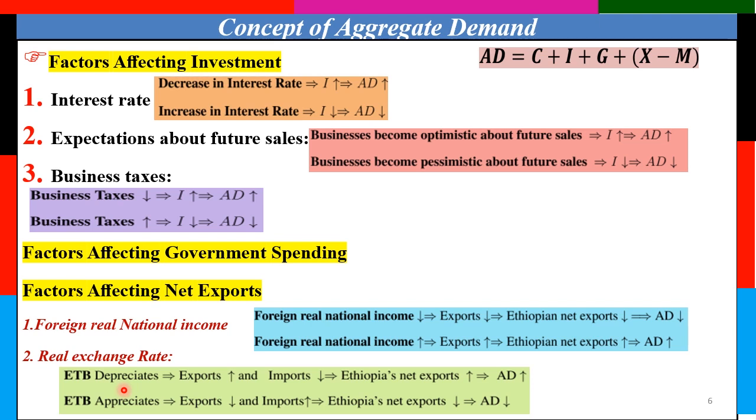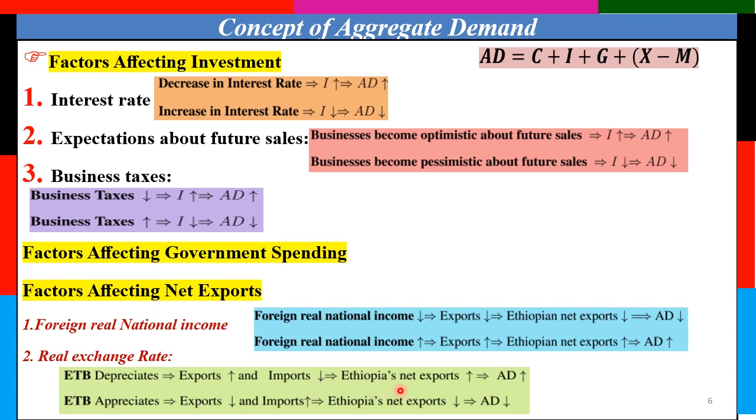The foreign nations come with a small amount of dollars, convert it into a large amount of Ethiopian birr, and purchase the cheaper Ethiopian products. So our export is increasing and the import is decreasing because the Ethiopian birr's ability to buy is decreasing. They don't buy that much product from the rest of the world. In fact, the import, in this case, goes down.